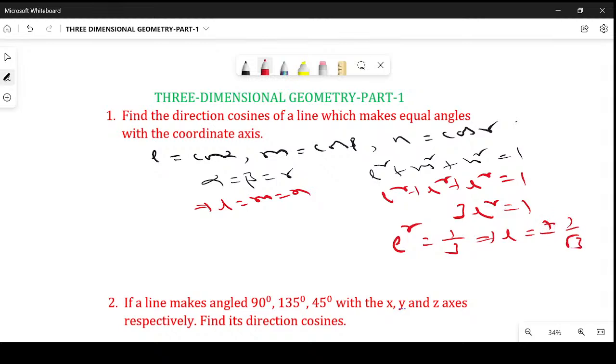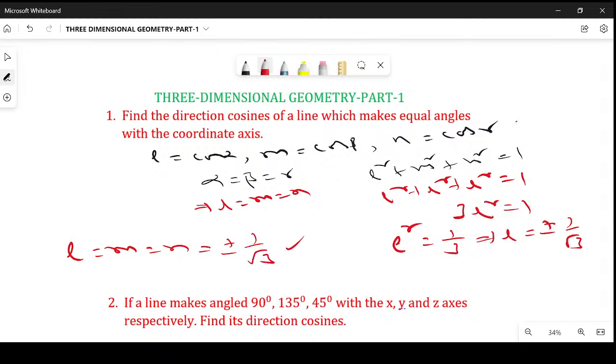Because they make equal angles, the direction cosines are all the same. Therefore the direction cosines are l is equal to m is equal to n, which is equal to plus or minus 1 by root 3.